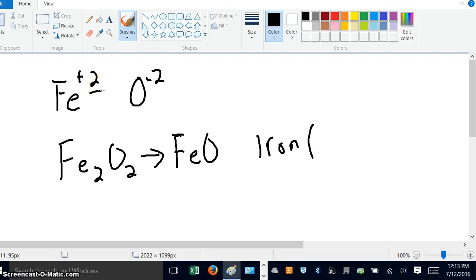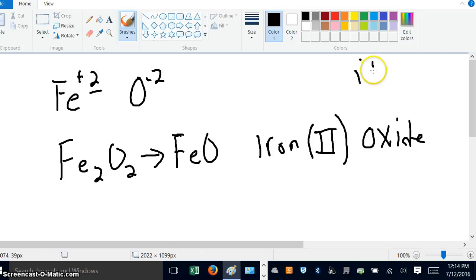So this is iron 2, so there's the Roman numeral. You could write it like this as well. So that's the Roman numeral 2, so iron(II) oxide. Notice we haven't forgotten the -ide suffix, because oxygen is obviously on the periodic table.